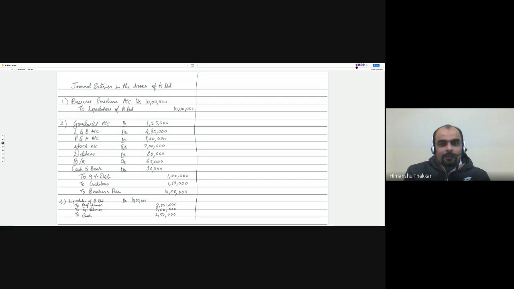Don't just skip any of the points. Don't think that if you don't do merger or purchase, you'll be fine, or if you don't do journal entries or accounts, you'll be fine. If you are going to get a topic which has a weightage of around 40%, you cannot think of skipping anything or leaving it as an option. So this sum, you can see it's the copy of what you have done in question number 3, first option. So let us begin.